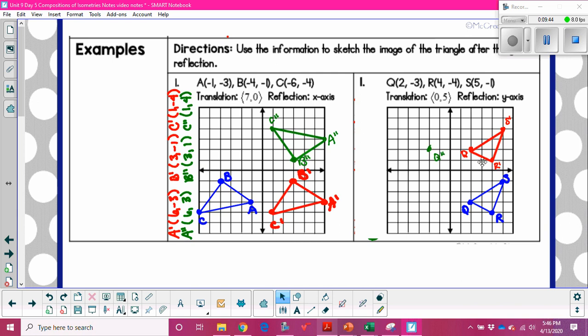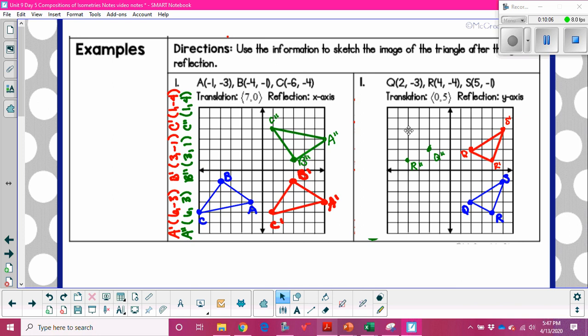Right, R prime, which is 4 units away from your line of reflection, will still be 4 units away, and it'll be at -4, 1, right there, R double prime. All right, and S prime will also be coming over here.